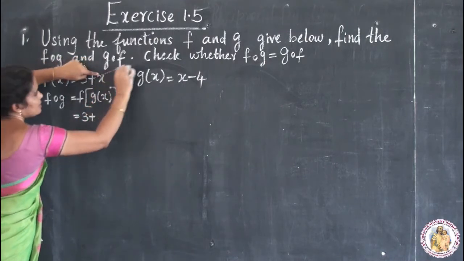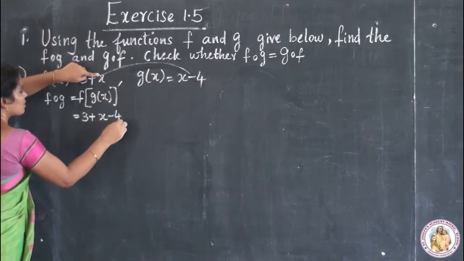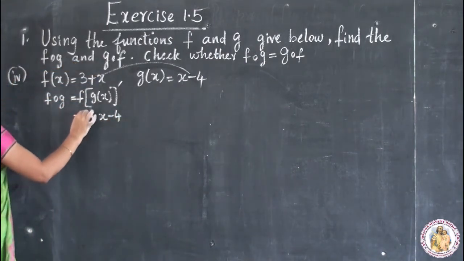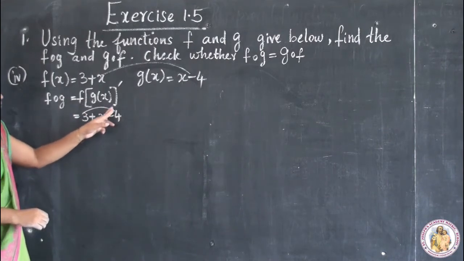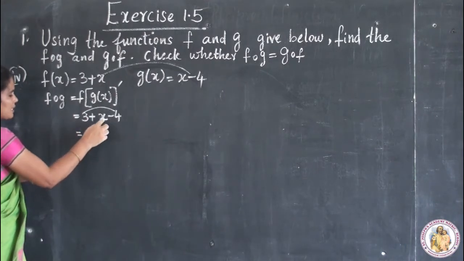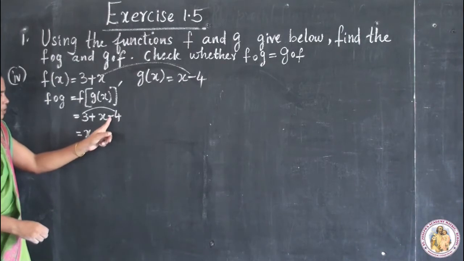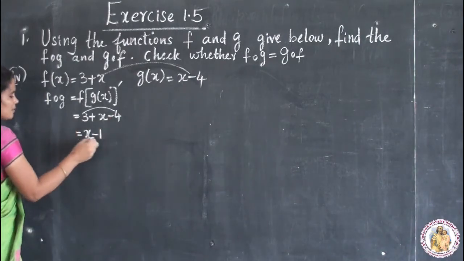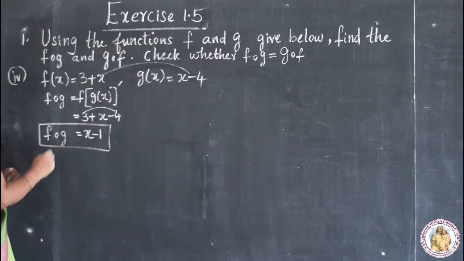In the place of x write x minus 4. Now we have two values, 3 minus 4. So 4 is greater. Which is greater, 3 or 4? 4. So minus 1. f of g is x minus 1.